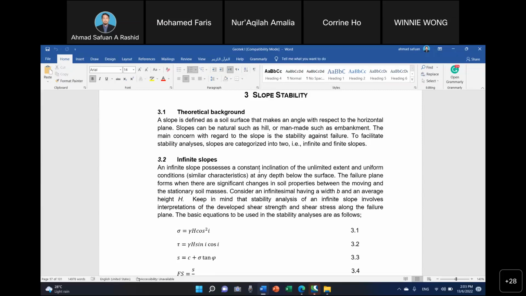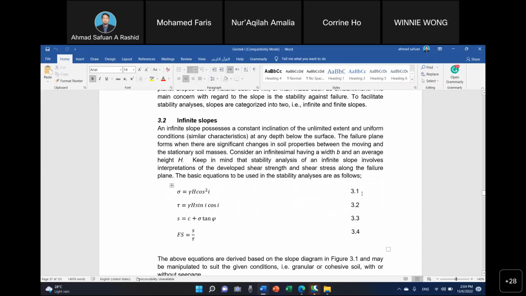Consider an infinitesimal slice having a width B and average height H. Keep in mind that the stability analysis of an infinite slope involves interpretations of the developed shear strength and shear stress along the failure plane. The basic equations to be used in the stability analysis are as follows. This is the list of formulas used to determine the stability of the infinite slope.